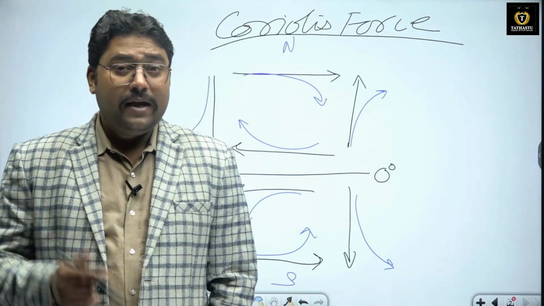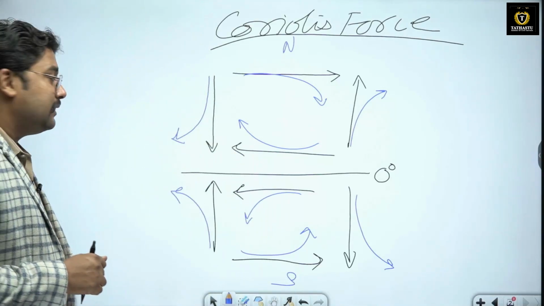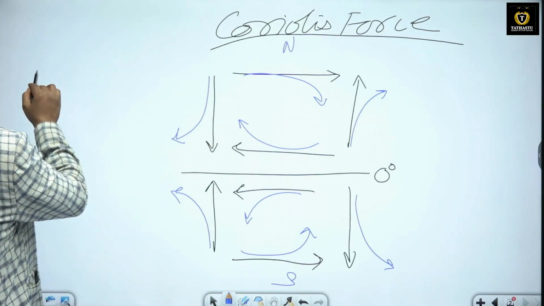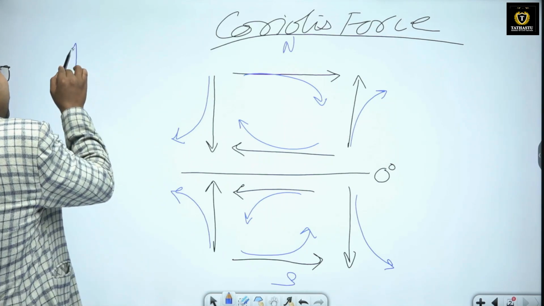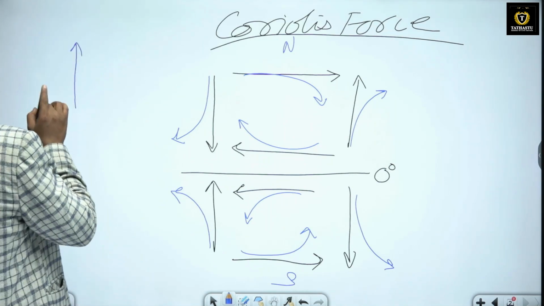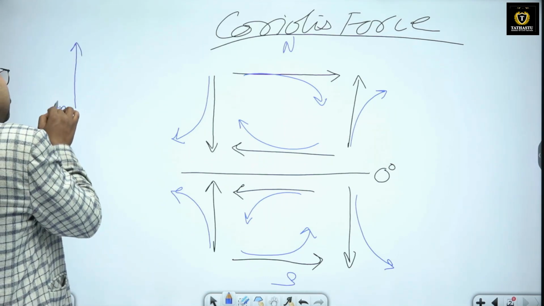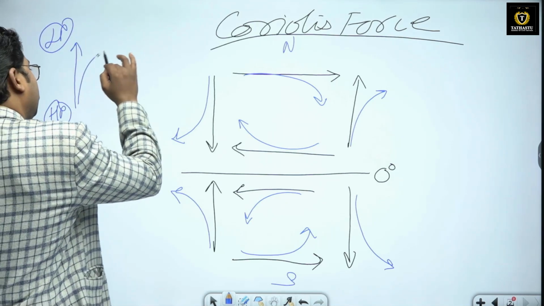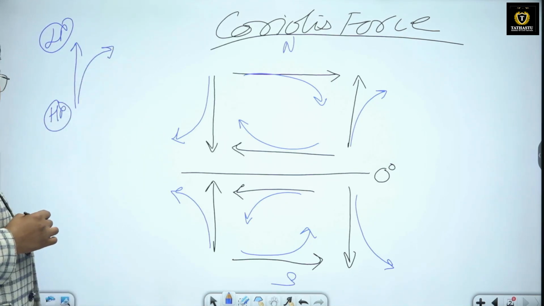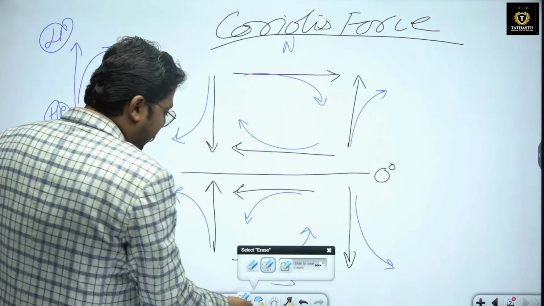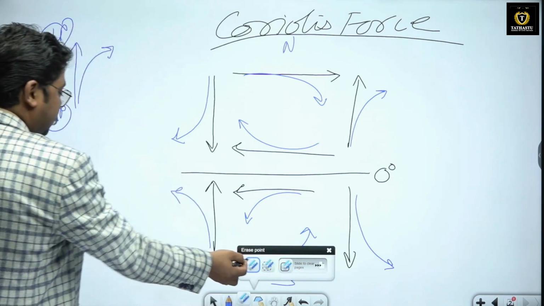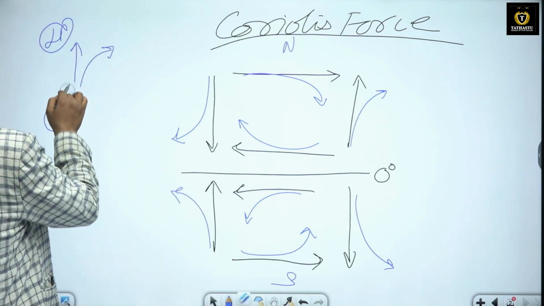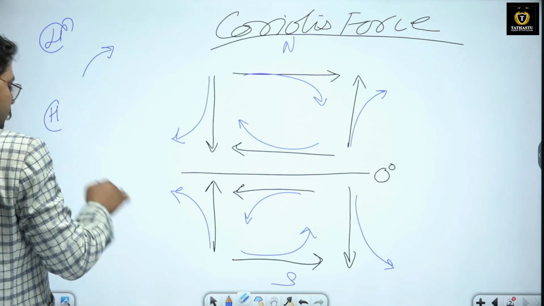This means if the wind is moving like this in the northern hemisphere and the pressure gradient is decreasing like this, it will get deflected towards the right of its path, and the original direction will be this one. Simple.